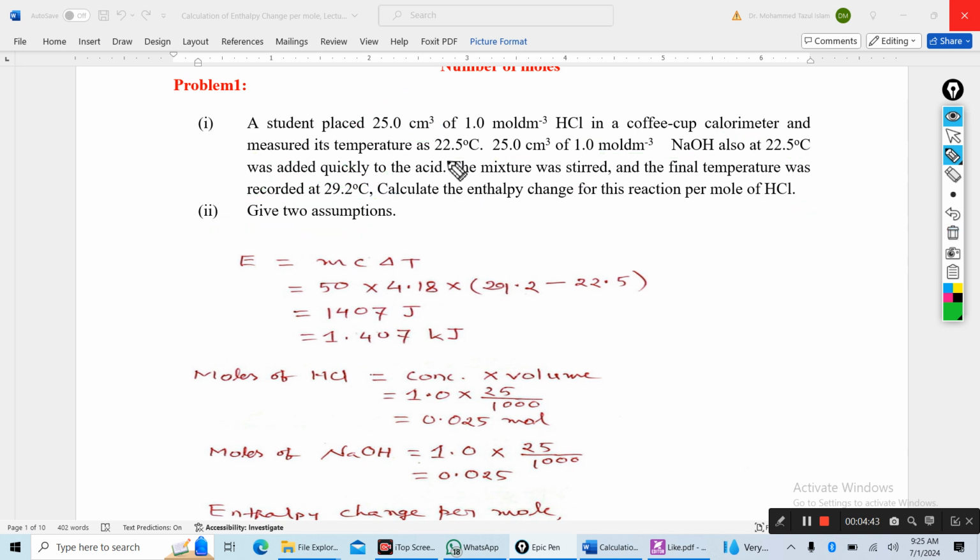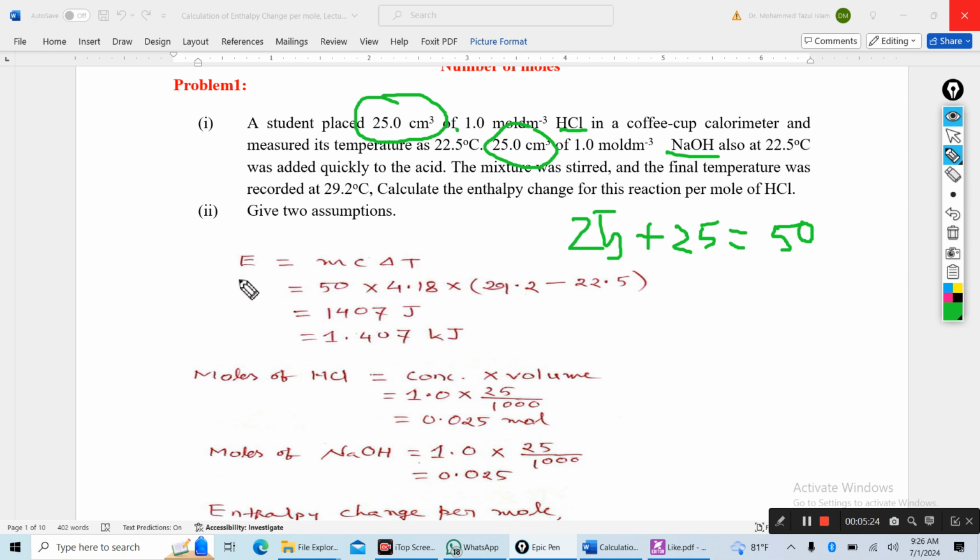First you think volume 25 centimeter cube hydrochloric acid and 25 centimeter cube sodium hydroxide. Total volume will be 25 plus 25, total volume 50 centimeter cube.